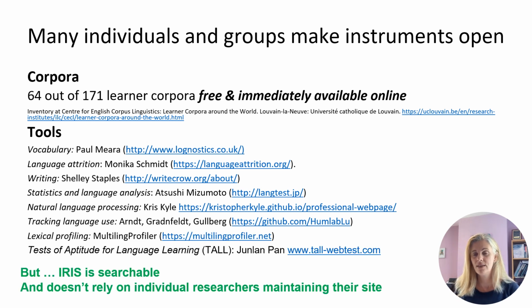But IRIS is searchable and holds tools and instruments across all these different institutions and people and publishers and countries. It doesn't rely on individual researchers to maintain their site.